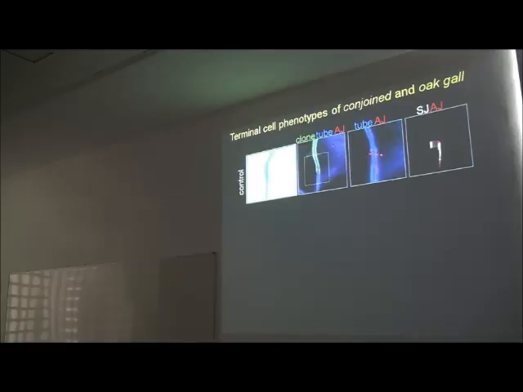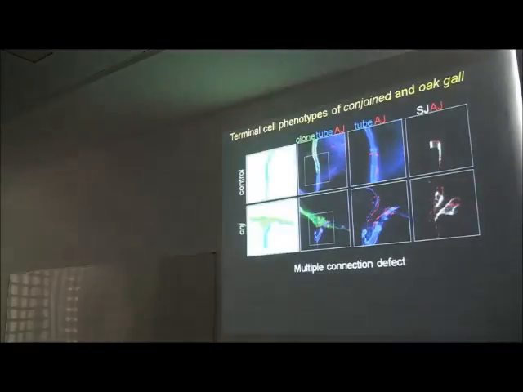You can see the ring of the intercellular junction, and then the autocellular seam along the stalk cell, and then the terminal cell, no such autocellular seam. Okay. In oak gall and conjoined mutants, we saw two defects. In one case, a defect we're calling the multiple entry phenotype: a single terminal cell, but now the neighboring stalk cell is branched, and it connects to the terminal cell twice, with two intercellular junctions.